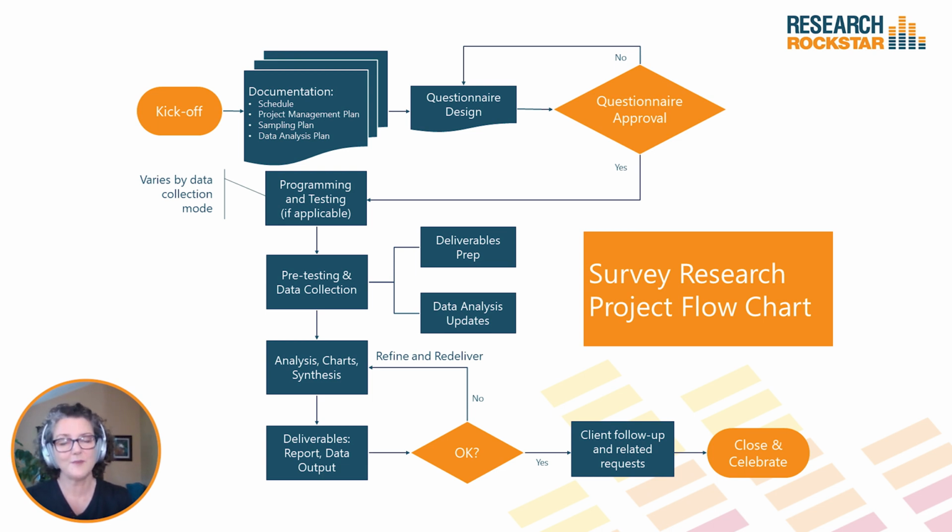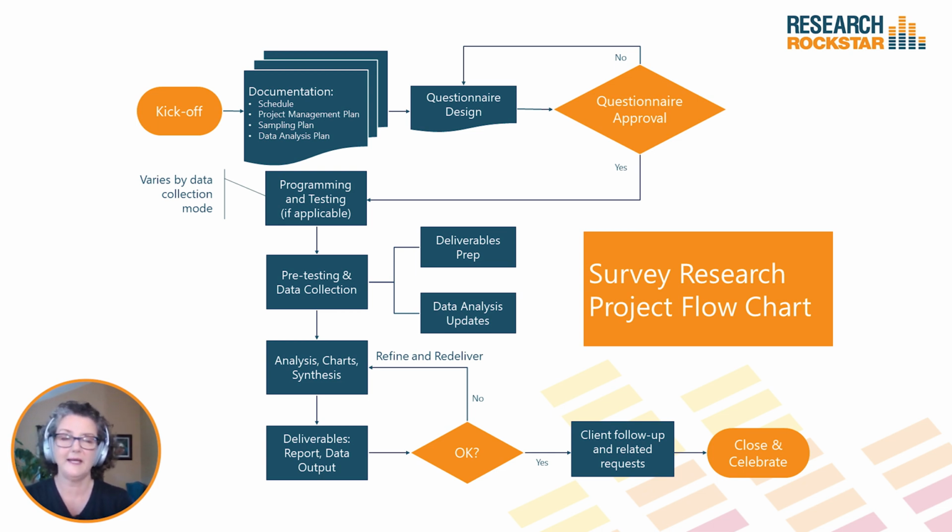However, you should expect 2 to 3 iterations for most professional research projects at minimum. And by the way, it's not uncommon to have that process go much further. I've certainly been on my fair share of projects where we had more like 10 or 12 iterations before we got to questionnaire approval.